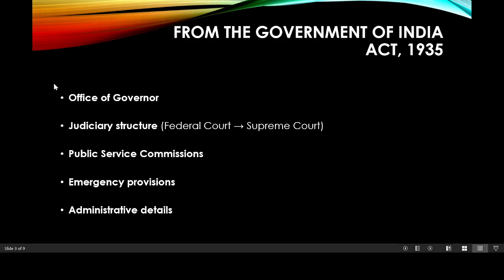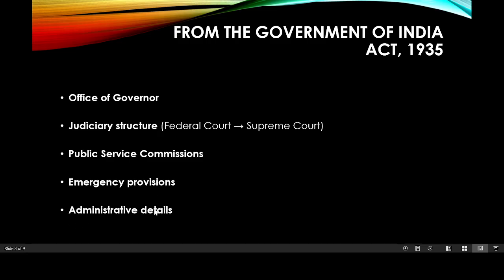That was a different Supreme Court formed in Calcutta. The Supreme Court in Delhi was the Federal Court which came into existence after the Government of India Act 1935. Then Public Service Commissions, emergency provisions, administrative details.